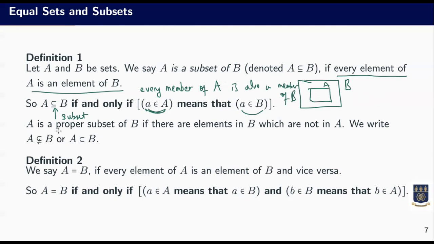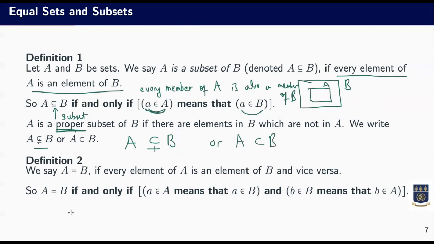We say that A is a proper subset of B if there are elements in B which are not in A. So we sometimes will use this notation. So we say A is properly contained in B, or some books will just use this.